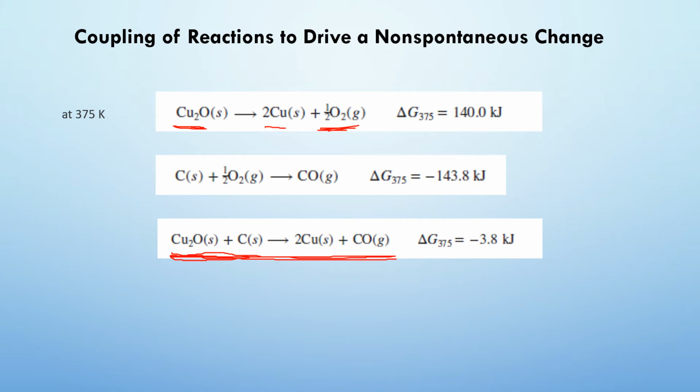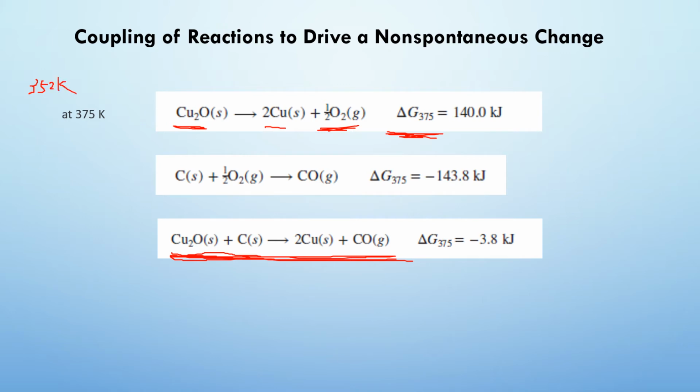The reason is, looking at the sign of delta G, even at 375 Kelvin, earlier we determined that for this reaction to be spontaneous, we need a temperature of 352 Kelvin.